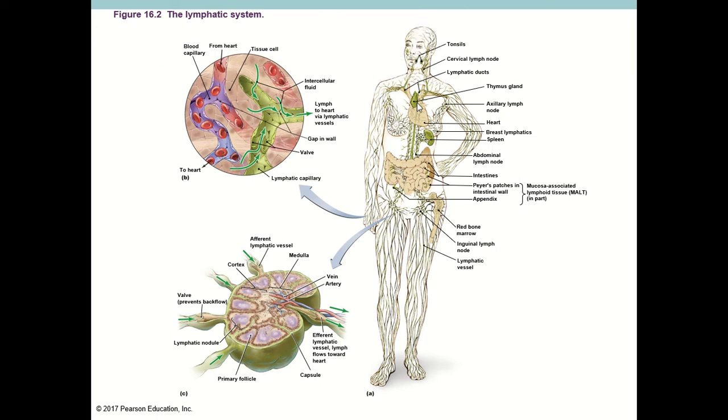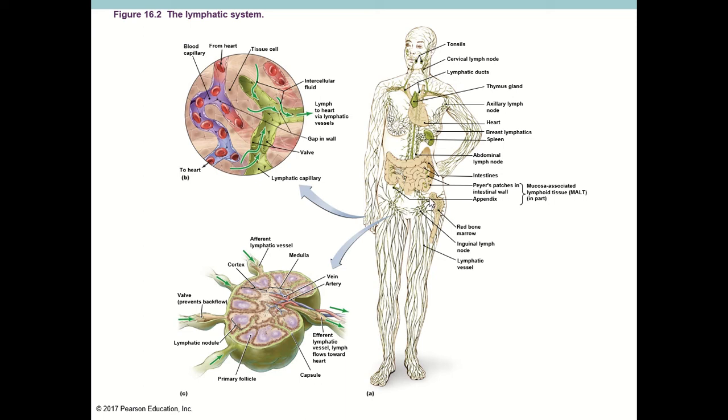First is glands, for example, the thymus gland, and there's another type of tissue called MALT tissue, or mucosa associated lymphatic tissue, which includes the tonsils and nodes, and then what's called Peyer's patches.